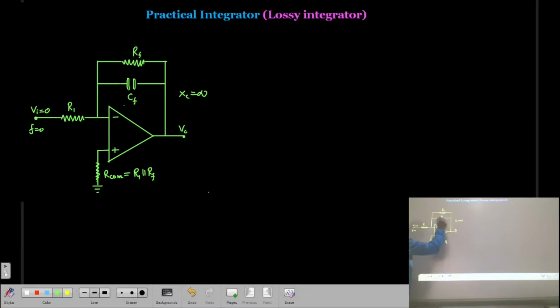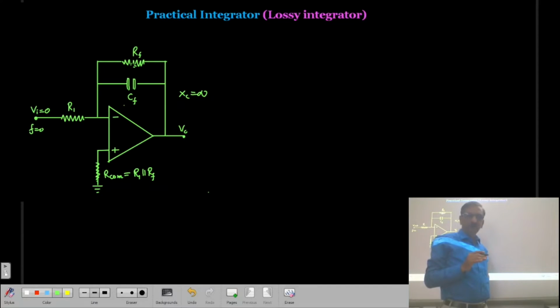Means the capacitor will work as an open circuit. But still there will be a feedback path that is due to the resistance Rf. So you will not get an infinite voltage gain.